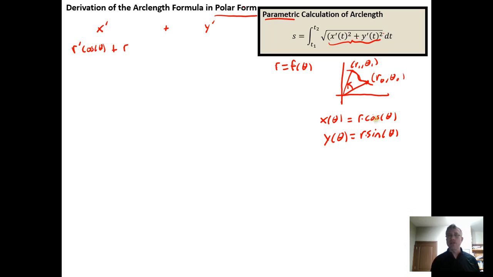But the derivative of cosine is minus sine, so here we would get minus sine theta. Then we would need the derivative y prime. So we're going to take the derivative of the radius, r prime, times the sine of theta, plus, by the product rule, r times the derivative of the sine, which is the cosine of theta.